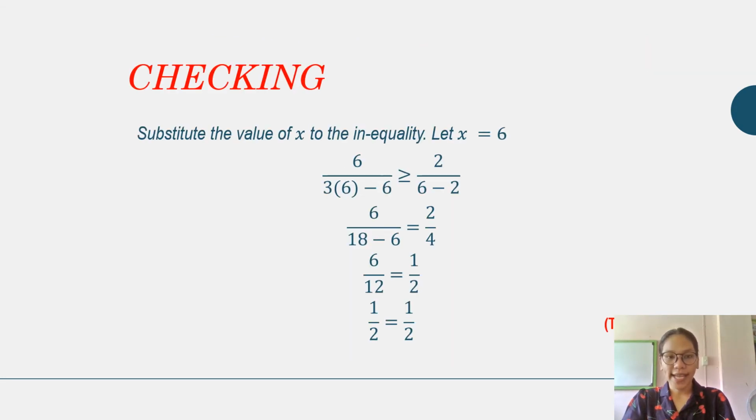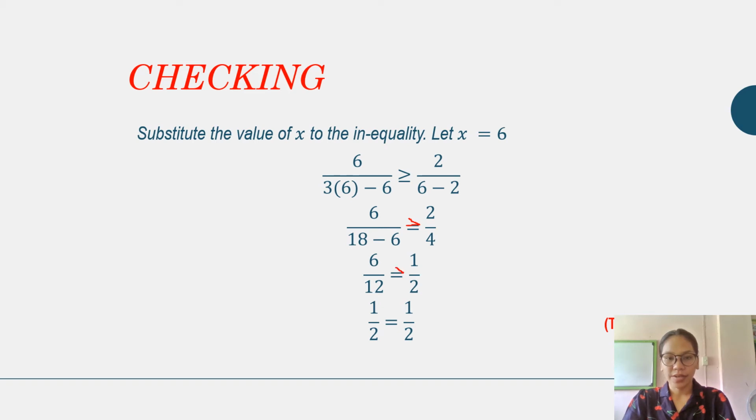Okay, so we're going to check the value of x, or checking natin, substitute the value of x to the inequality. So let x be equal to 6. So we have here 6 over 3 times 6 minus 6 is greater than or equal to 2 over 6 minus 2. So we have copy yung 6 in numerator. 3 times 6, that is 18, minus 6 is greater than or equal to 2 over 4. So, check natin. 6, copy yung numerator. 18 minus 6, that is equal to 12.